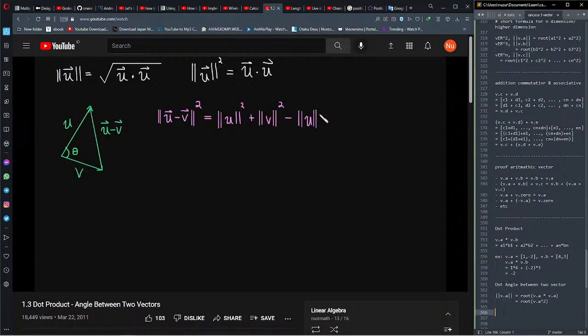I know these length symbols get really tedious, but I'm going to keep going with them here. So minus the length of u times the length of v times the cosine of the angle between them.